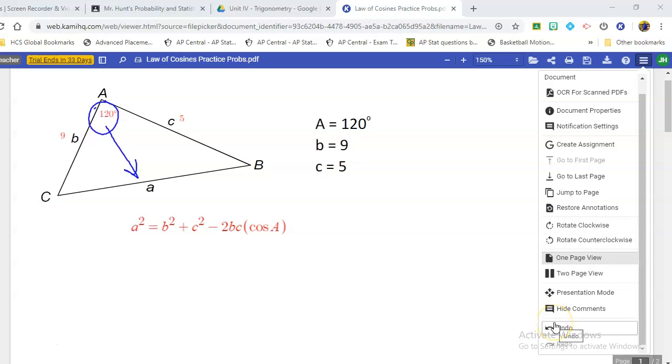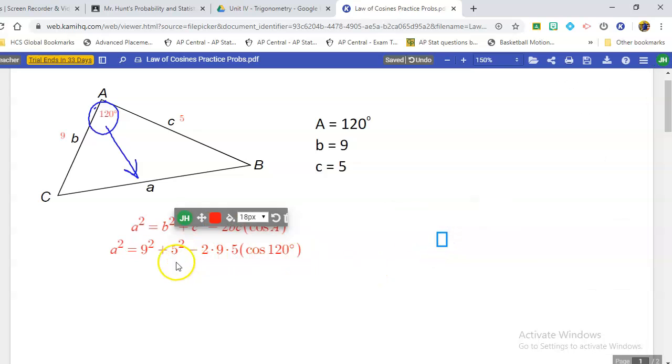And once we do that, I'll plug those pieces in, and we'll see that we have A squared equals 9 squared plus 5 squared minus 2 times 9 times 5 times the cosine of 120 degrees.